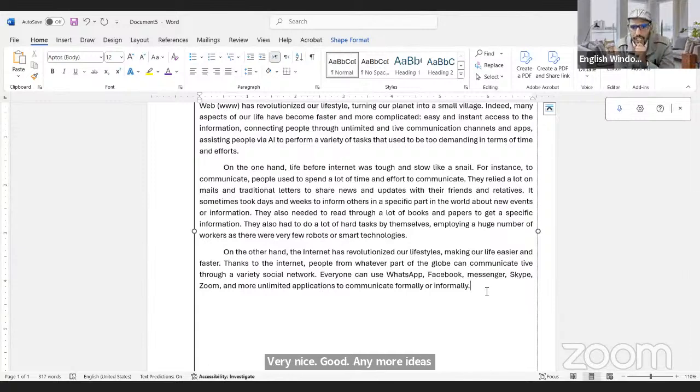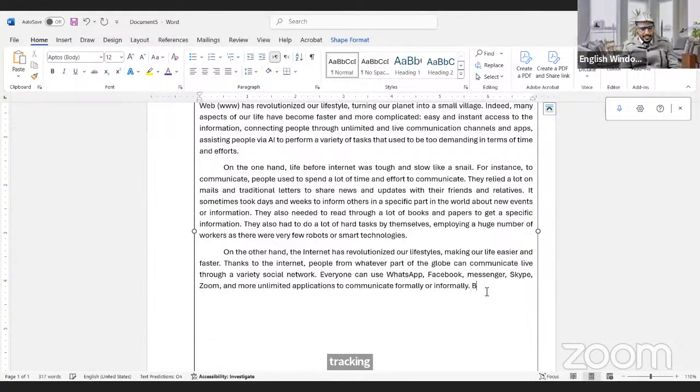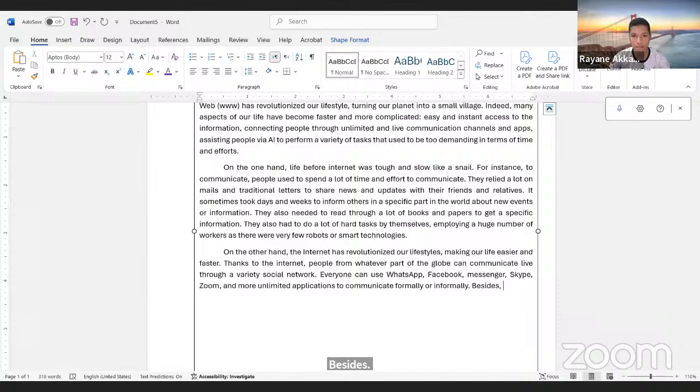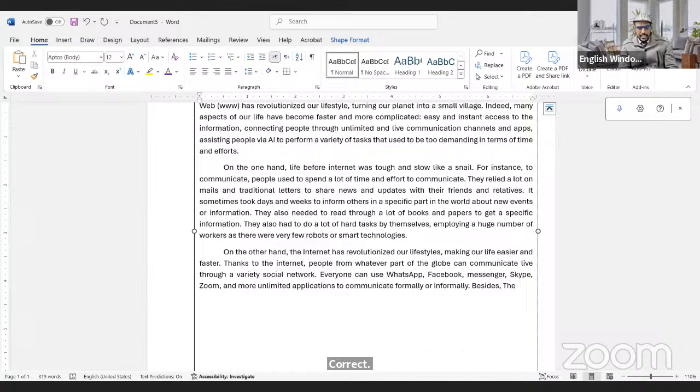Let's draw on the idea of easy access to information now, and information tracking and that stuff. Besides giving us an opportunity to access information with a simple click, the key is connecting to the internet.